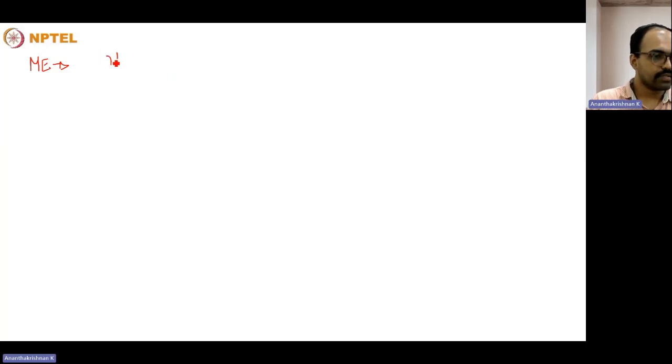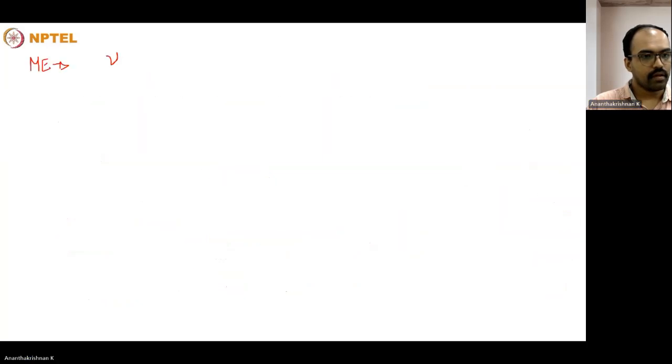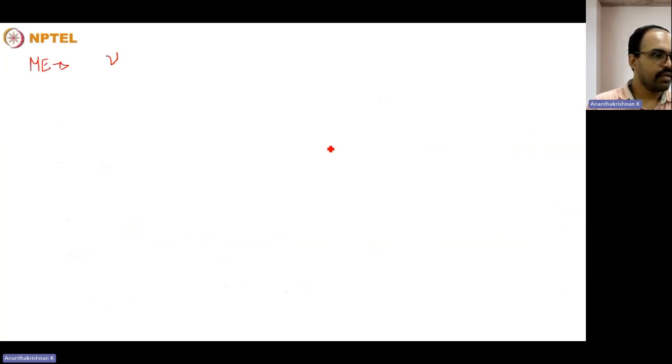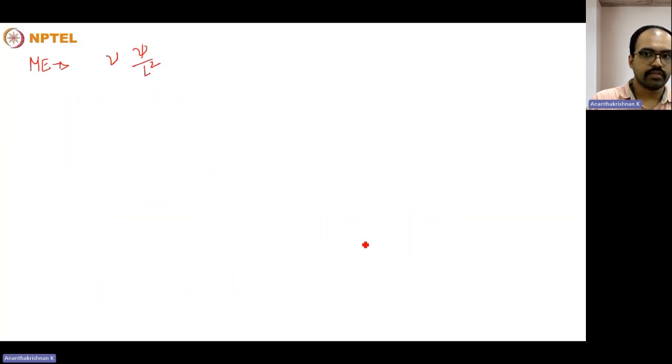nu. The first term, epsilon, could be scaled as psi divided by L. There are two terms: psi divided by L squared and psi divided by H squared. H is very much higher than L, therefore only L remains. So it will be psi divided by L squared, and the other term, the horizontal dimension, another L squared will remain.